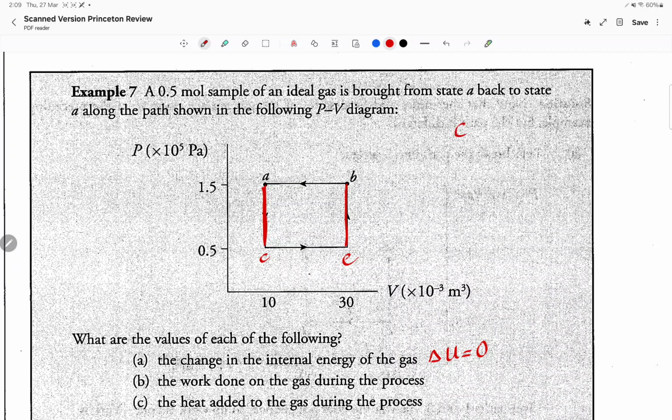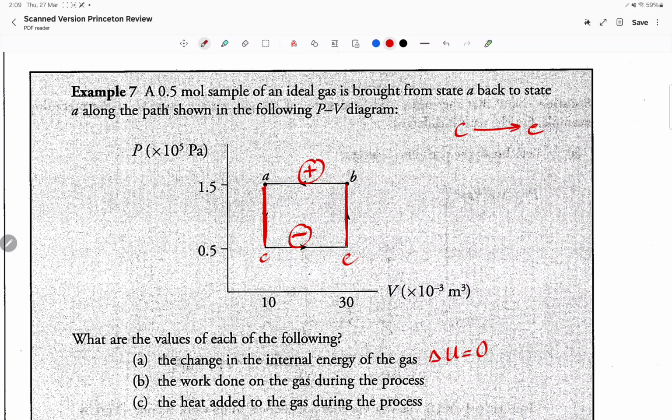Okay. Now, C to E, is the work positive or negative? Negative, because we're going to expand the gas, right? So it's negative work, but from B to A it has to be positive. Which one do you think is larger, C to E work or B to A work? Which one has more area?